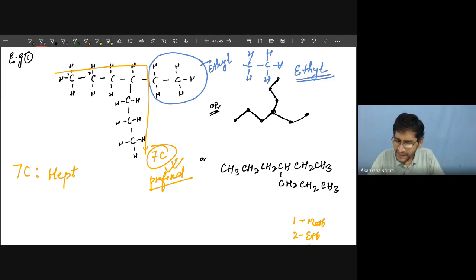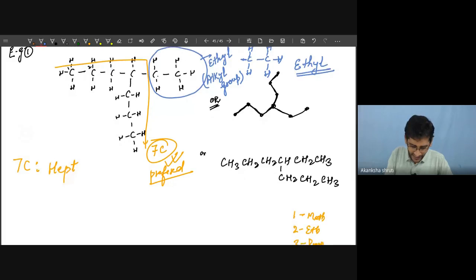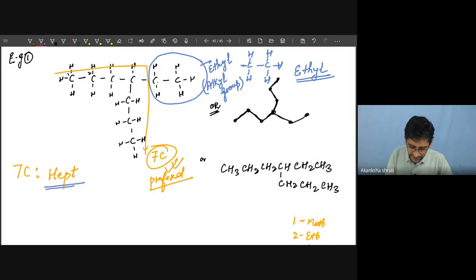Get it? This is the radical of an alkane, so it is called an alkyl group. It is not the alkane, but from the alkane one of the bonds is open, or one of the hydrogens is removed to attach to the other carbon. And it is the rule that this alkyl should be kept before this.